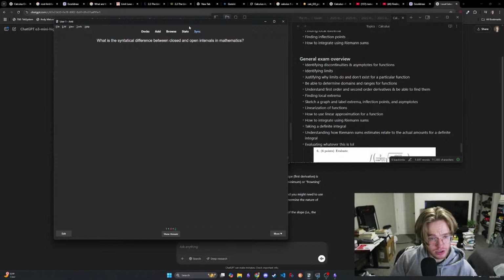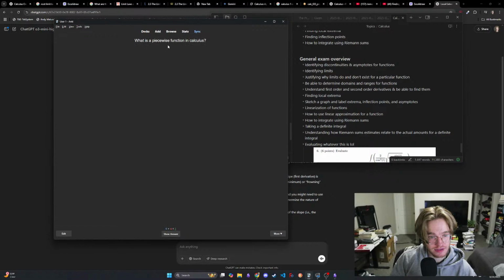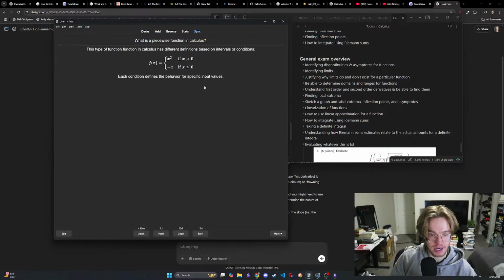Okay, closed is square brackets, open is parentheses. This is a piecewise function. It's the E, yeah, and the sigma. Okay, a piecewise function is where different functions are applied for different areas within the input domain.